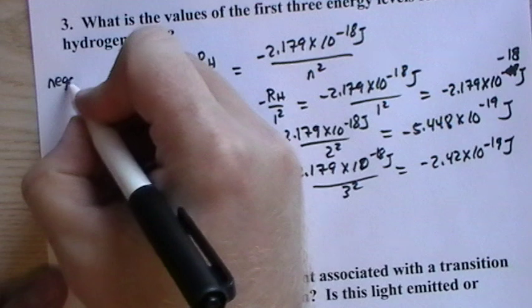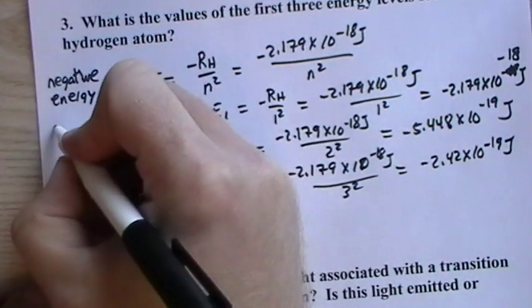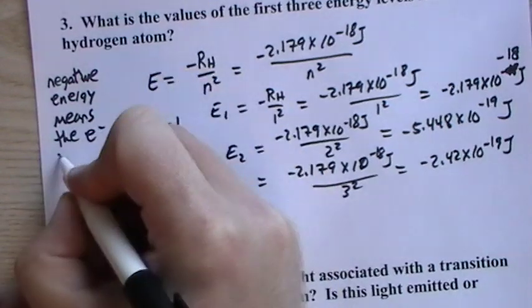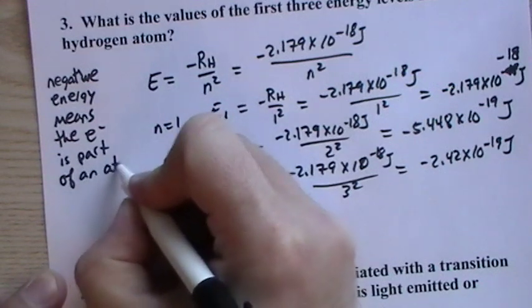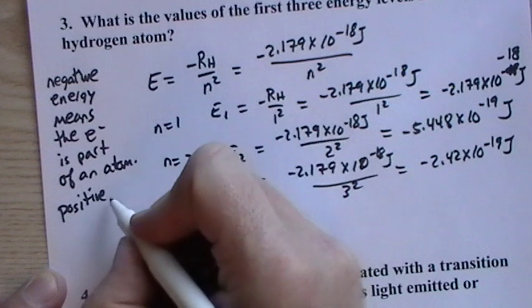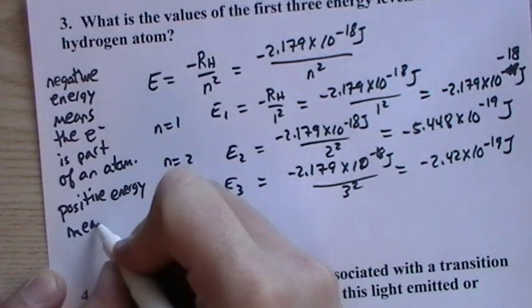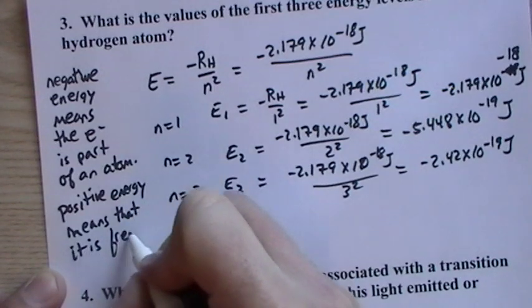Negative energy in this context means the electron is part of an atom. Positive energy means that it is free.